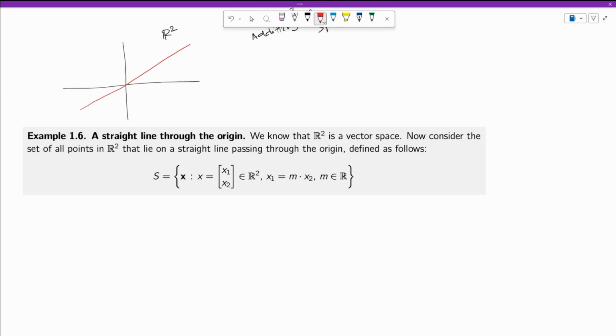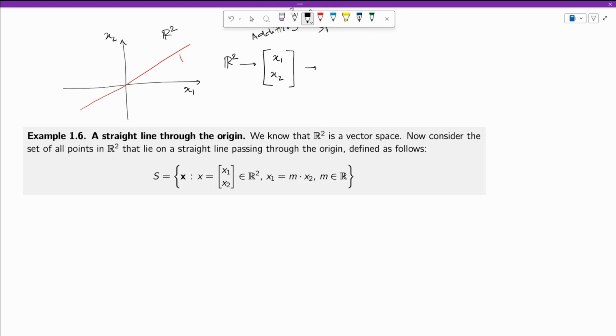I know that elements from R2 look like this: if I take an element from R2, it will be x1, x2, where x1 and x2 are real numbers. But if I take elements from this red line, which I'm going to call S, what will those elements look like?